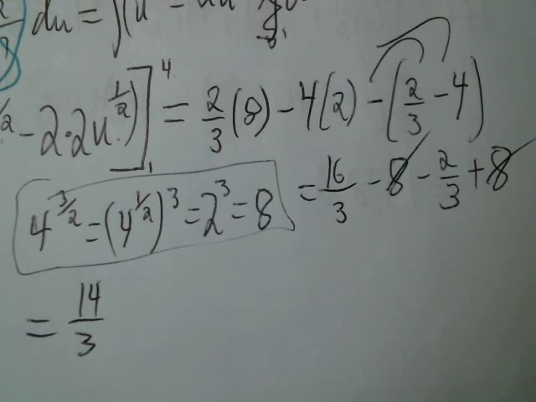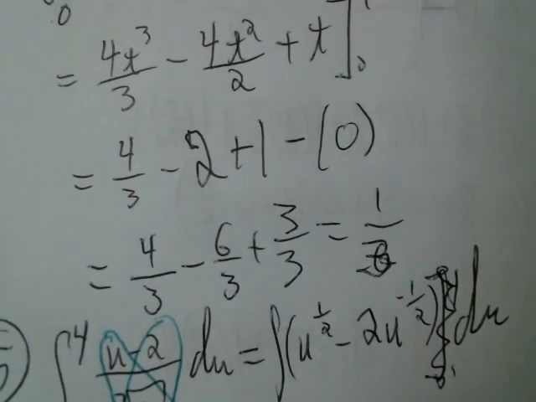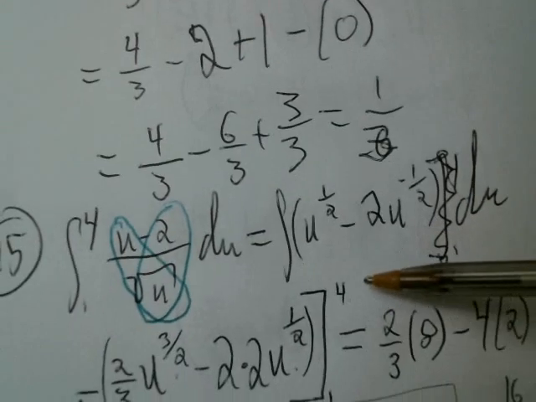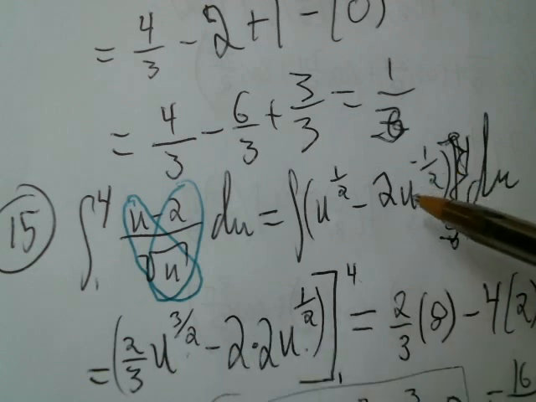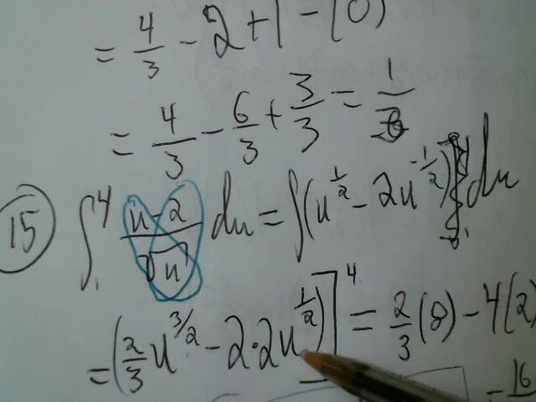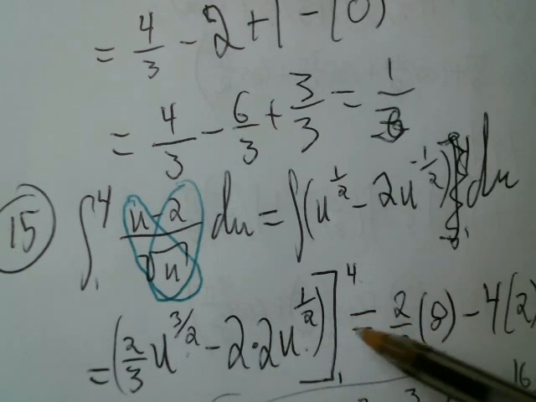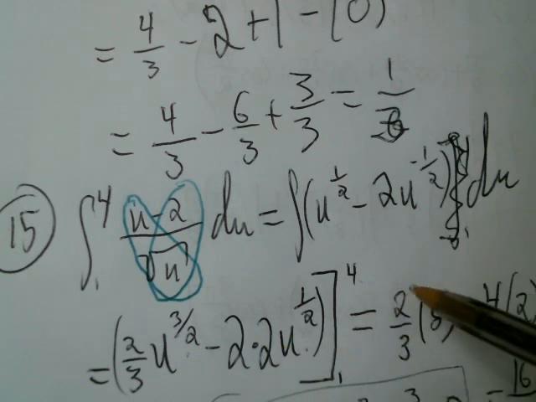On the test, please, whoops, I screwed up. The answer is 2/3. So what did I do wrong? All right, let's go back and check. So I have negative 2u to the negative, that's fine. u to the 1/2 plus 1 is 3/2, divided by 3/2 is 2/3. u to the negative 1/2 plus 1 is 1/2, divided by 1/2, and multiplied by 2 is 4. So I'm plugging in 4 and 1, right?